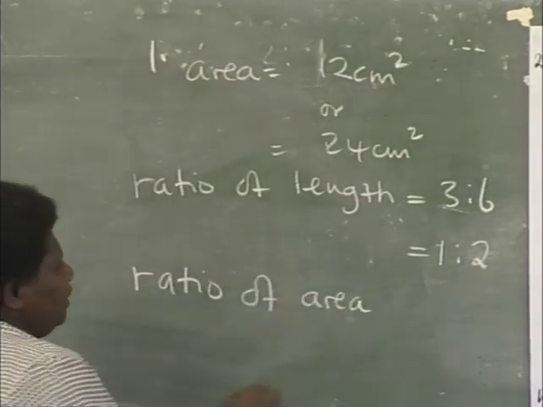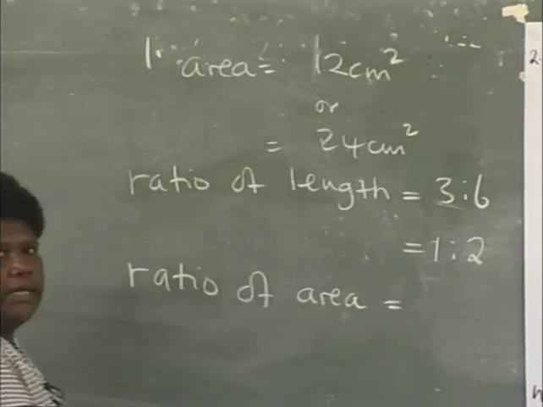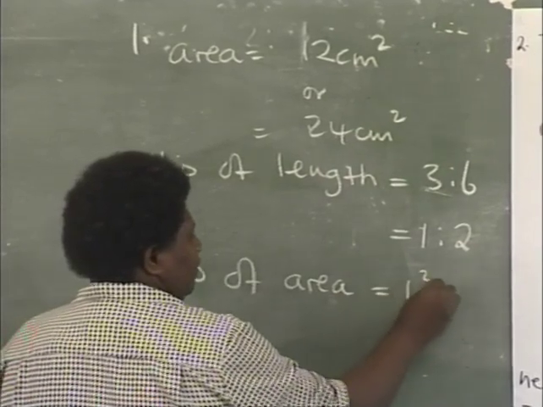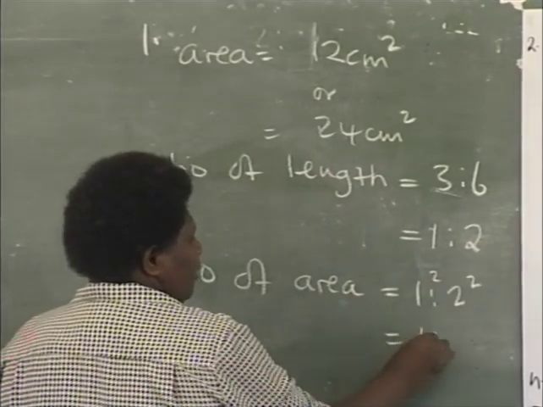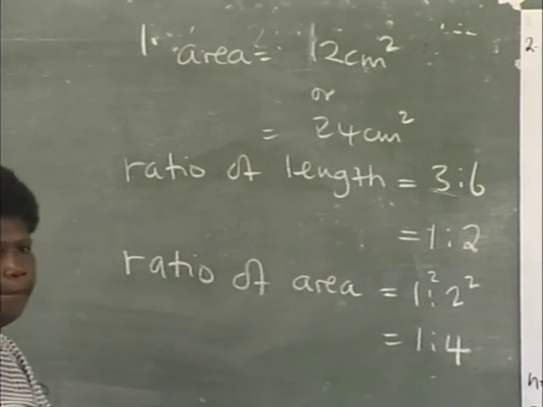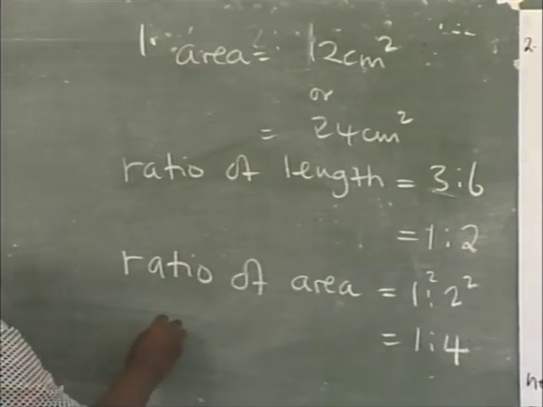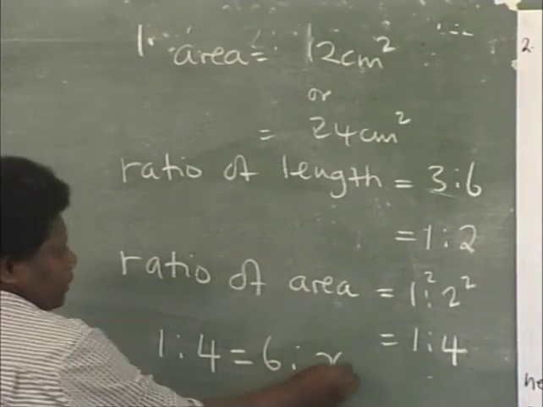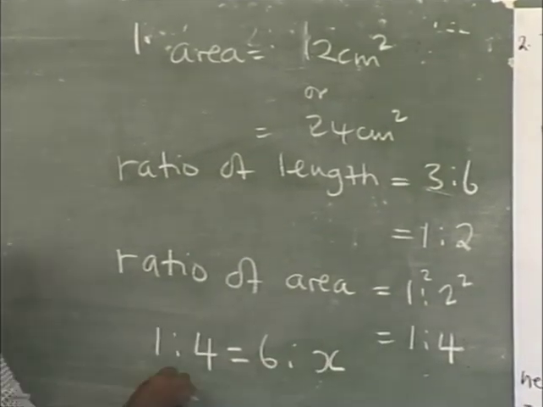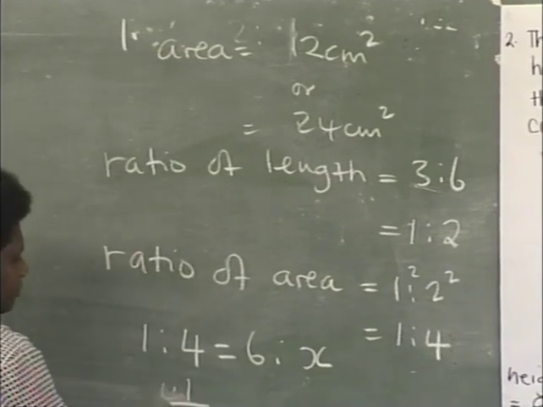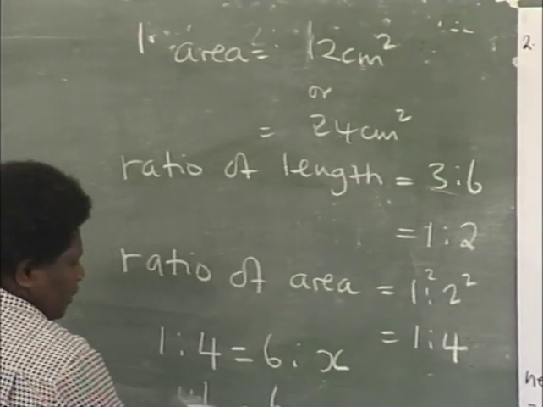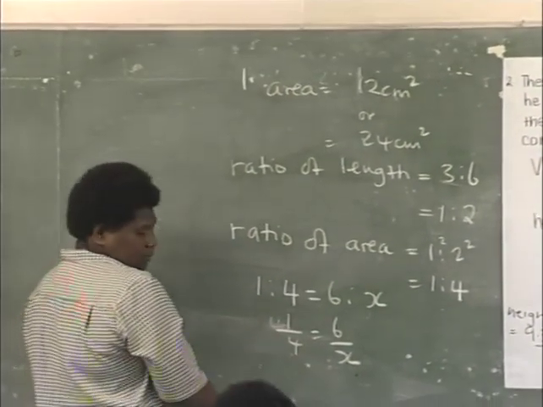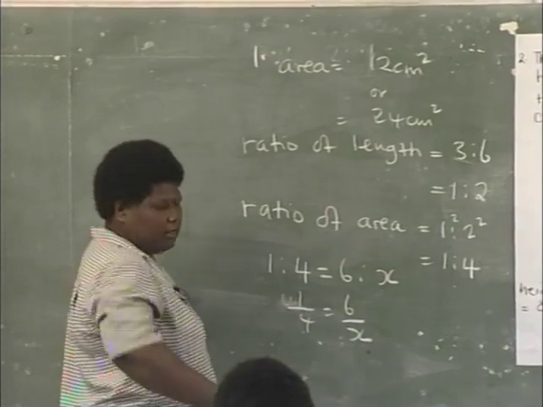So what you need to do is to find the ratio of their areas. So the ratio of the areas will be 1 squared is to 2 squared, which is 1:4. So 1:4 is equal to 6 is to what? So I get 1/4 equals 6 over x. 1 times 6 is 6, therefore 4 times 6 is 24.